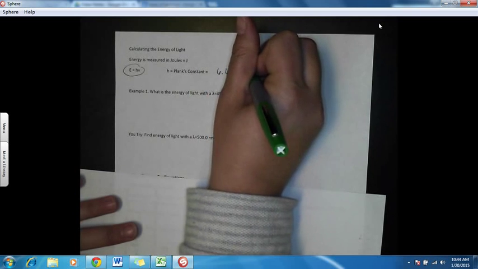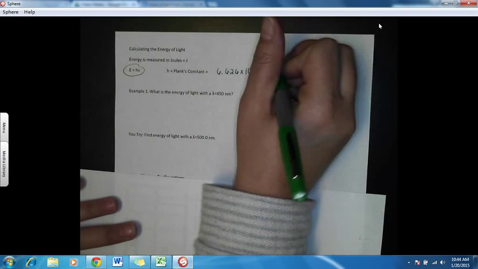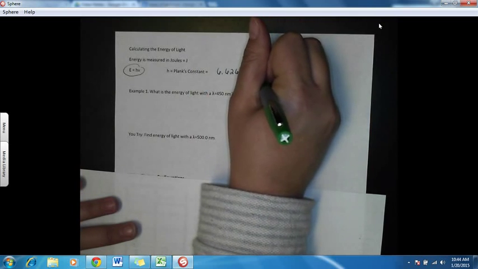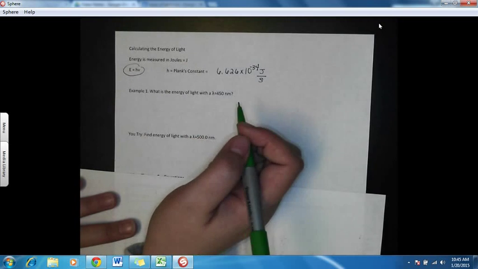It's 6.626 times 10 to the minus 34 joule seconds. Our equation is energy, which is measured in joules, equal to Planck's constant times our frequency. Remember, frequency is per second.